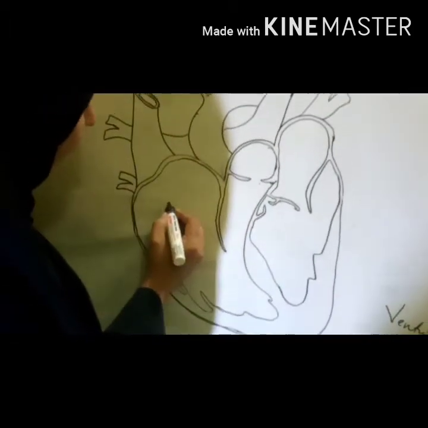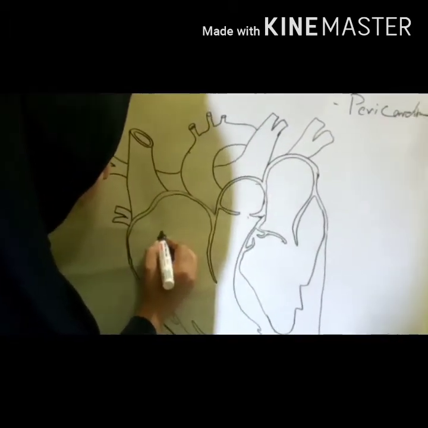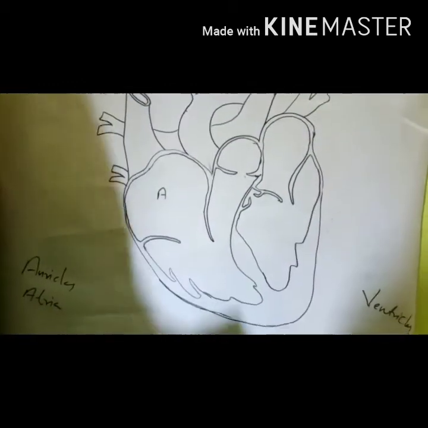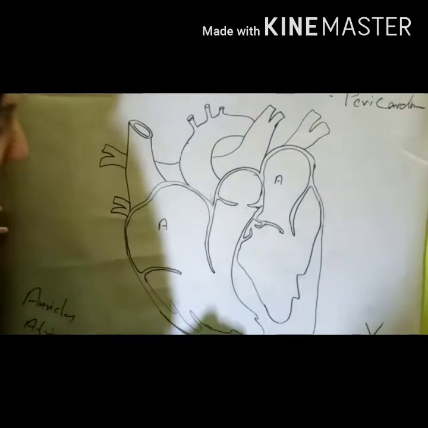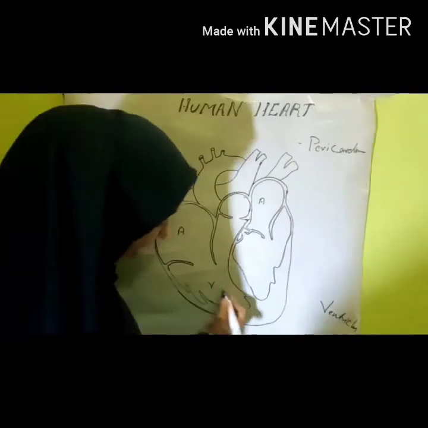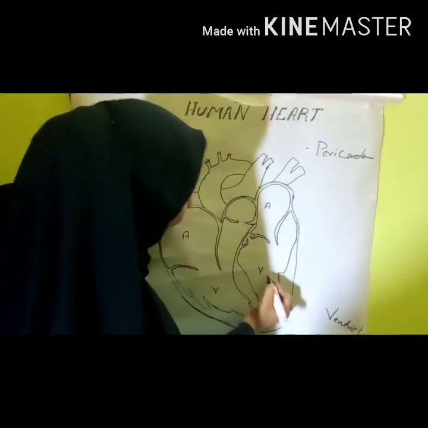So we can mark here one auricle or atrium, another auricle or atrium, and this one is the ventricle and this one is the ventricle.